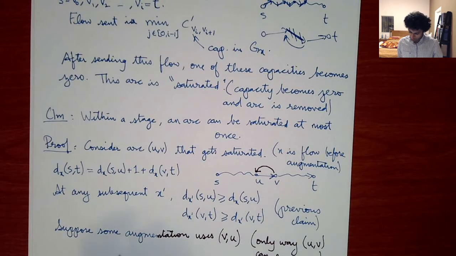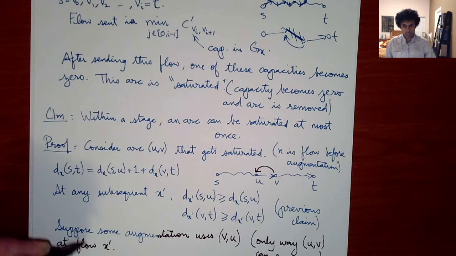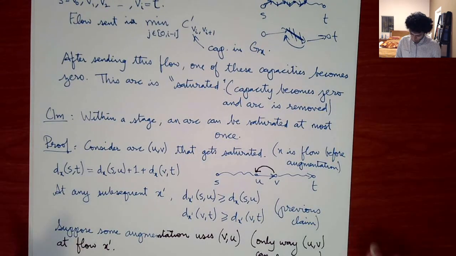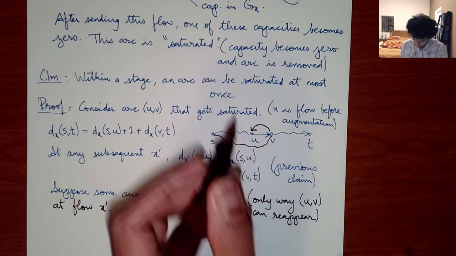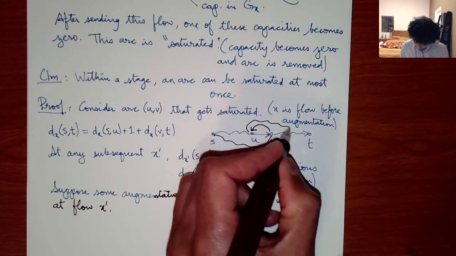So let's say some augmentation uses VU at some flow x prime. So x prime is some subsequent flow, and some augmentation decided to use VU. So there's some flow that goes from there to there, and then it goes from there to there.